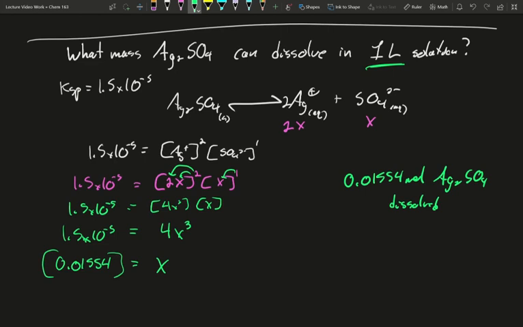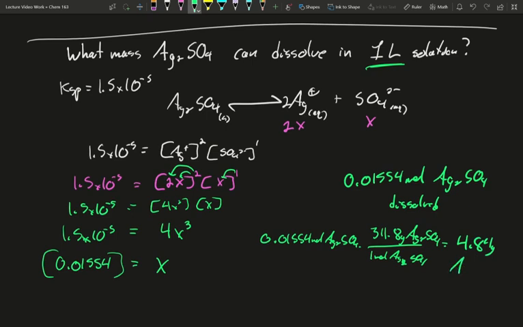I can use that to find the mass of it. 0.01554 mole of silver sulfate, and every 1 mole of silver sulfate is 311.8 grams of silver sulfate, which is 4.84 grams of silver sulfate.